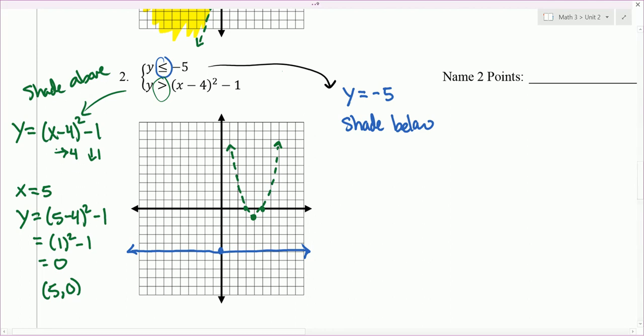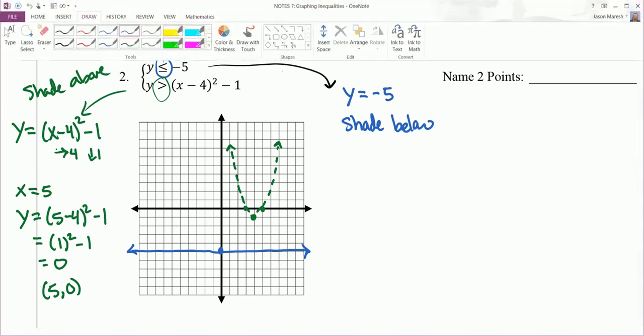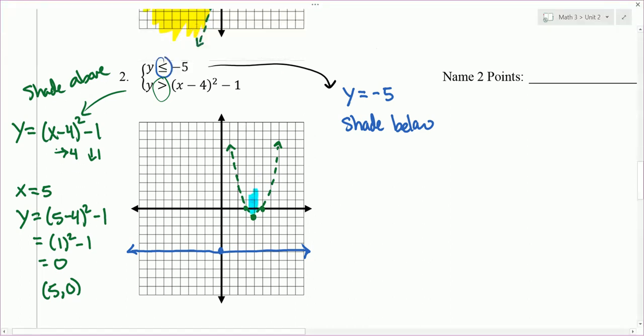Okay, I'm going to just draw on here and I will be erasing this. So I want everything in here, and at the same time I want it to be below the line. Is that possible? To be up inside that parabola and at the same time below the horizontal line?